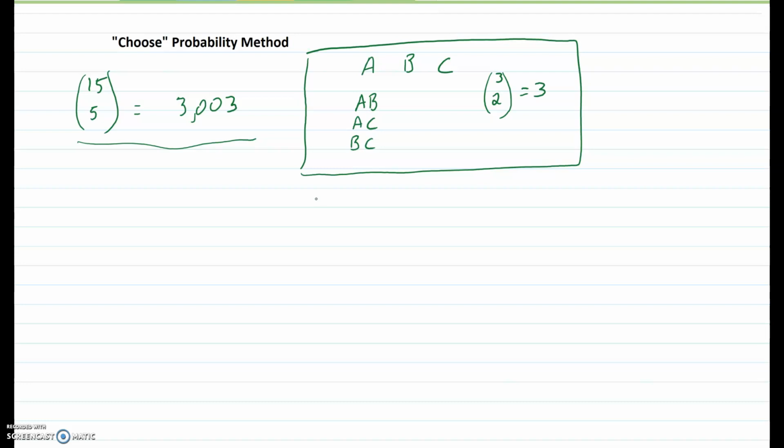How that would be phrased is: how many ways can you arrange two players from 3, and that is written as 3p2.